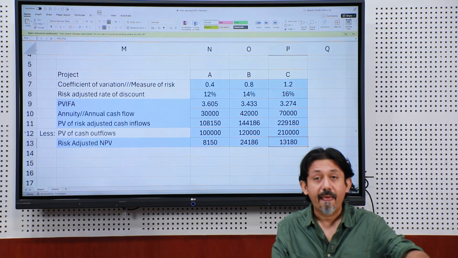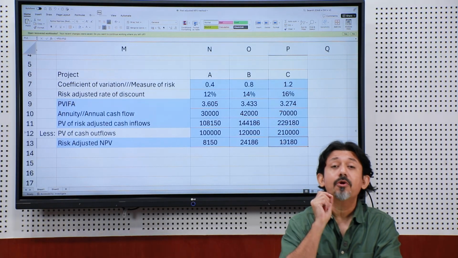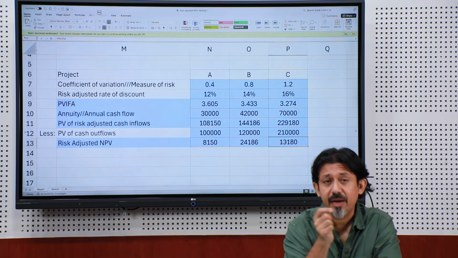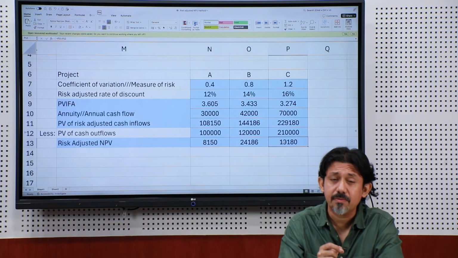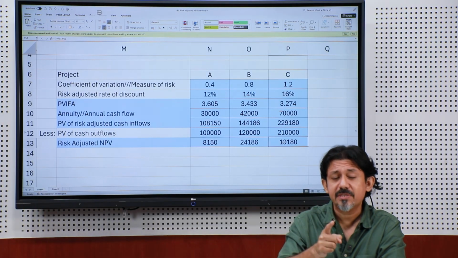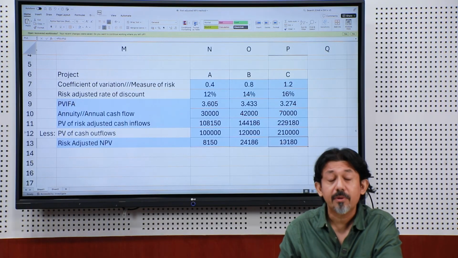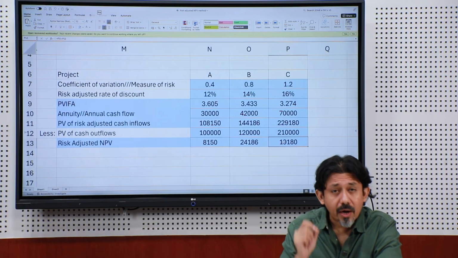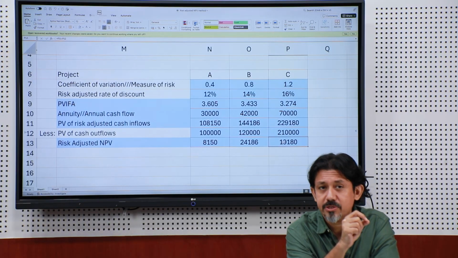Now, what we did not do is use a uniform discount rate for projects A, B and C. For example, I started off the discussion by saying, let us say your cost of capital is 10%, you use 10% for A, B and C. That would have been incorrect, because that means you are not including risk in analyzing the project.